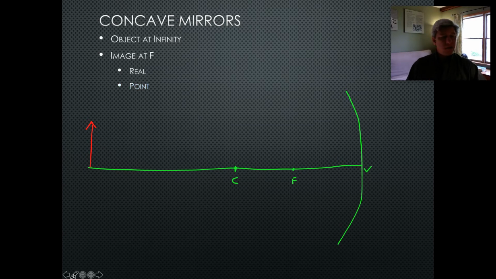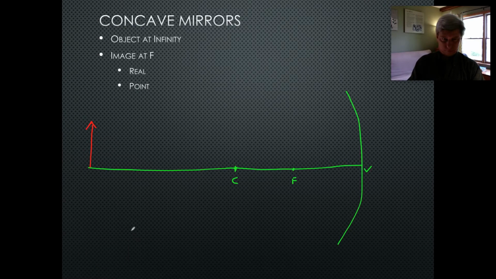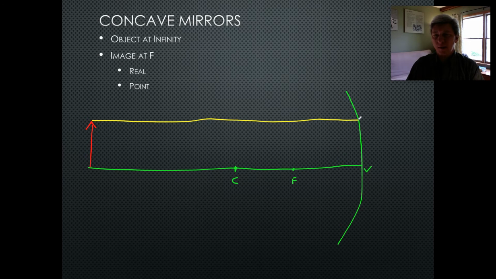Now, in this particular case, because the object is so far away from the mirror, any ray of light that I send through here is going to hit the mirror at essentially a parallel point, and then it's going to be reflected through the focal point. I missed the focal point there, but you get the idea.